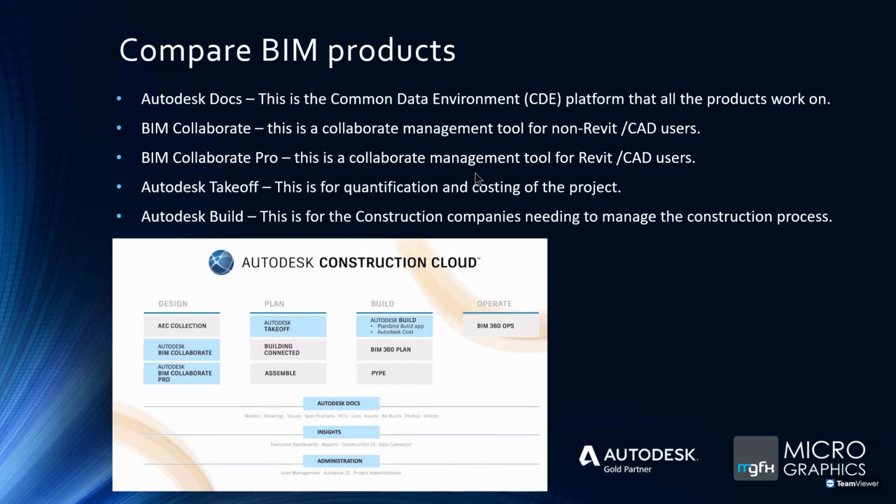We also have Takeoff. That's a new product, as well as Build, but Takeoff is more for the QSs, where they have the same source of truth, the latest version, and they can use that to automate their bill of materials, which is key. If a change happens, the result just updates. They don't have to re-measure.